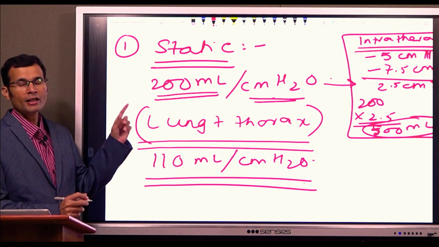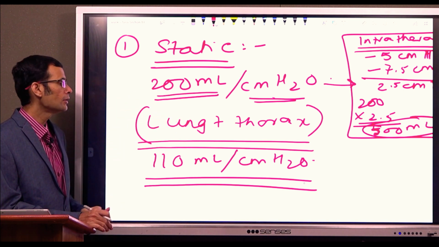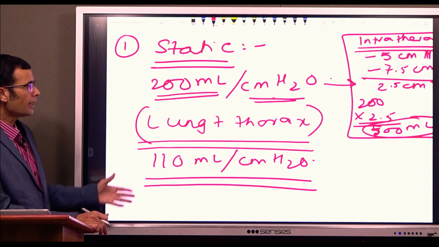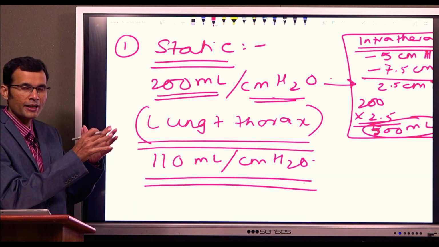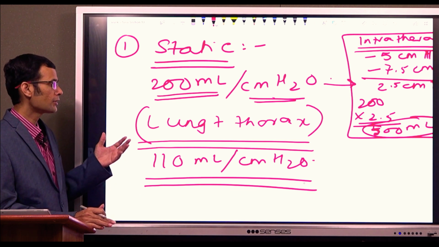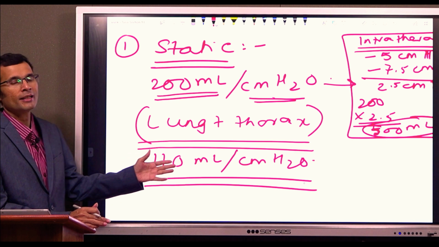If I considered lungs alone, it would be about 200 ml per centimeter of water. If I consider lung plus thorax together, then the distensibility of the entire system would be just half of that. That is 100 to 110 ml per centimeter of water.